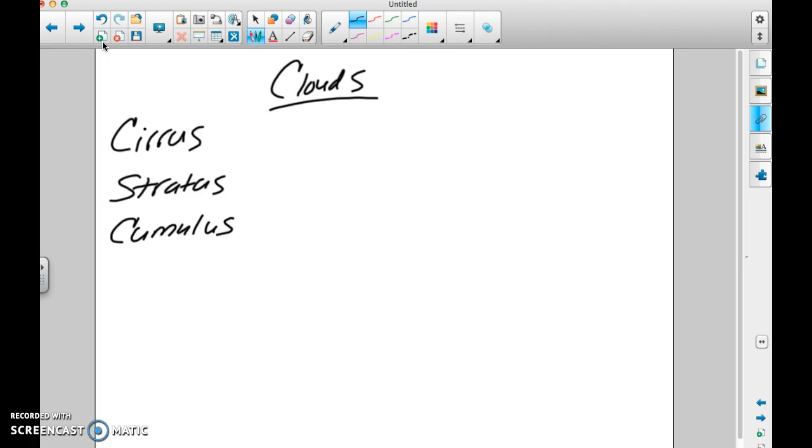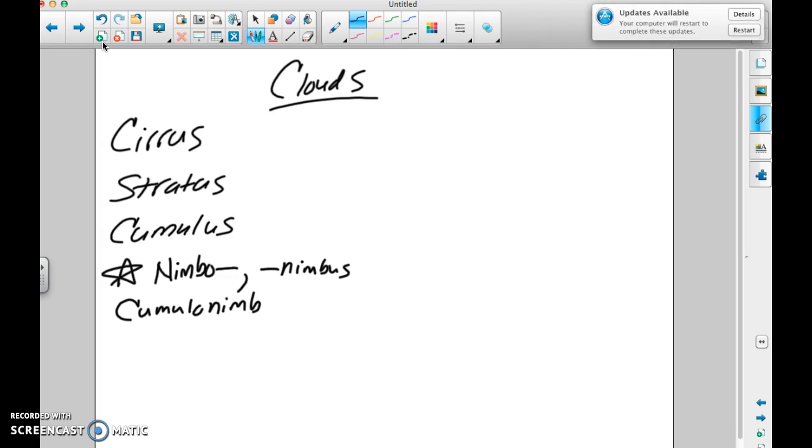And I'm going to put these under this, but then we have this very important category of nimbo or nimbus clouds. And you have cumulonimbus or nimbostratus. And these are going to be very important for us to remember.